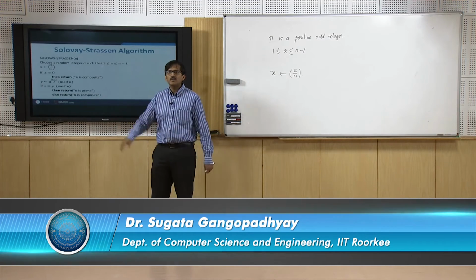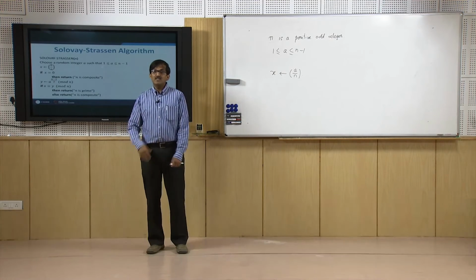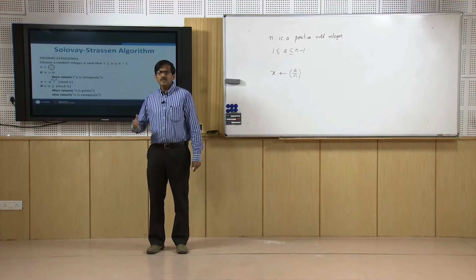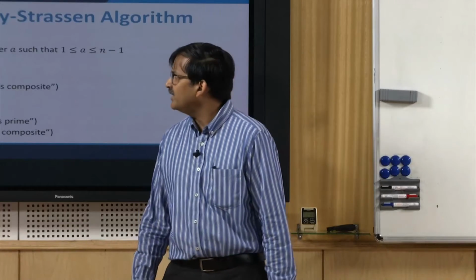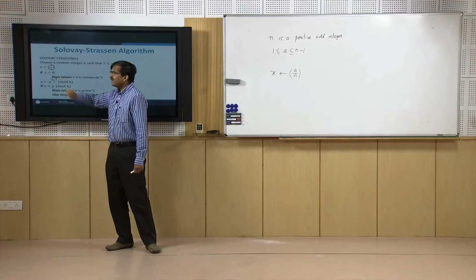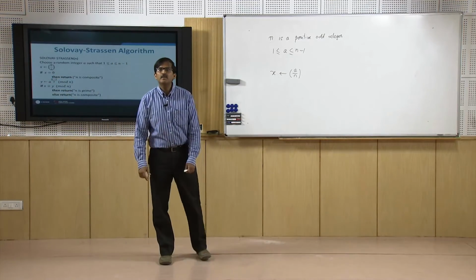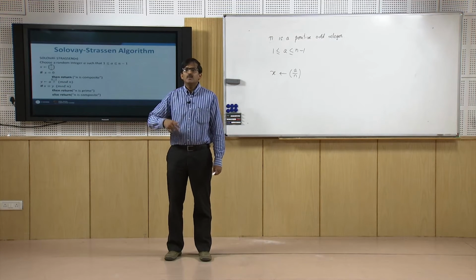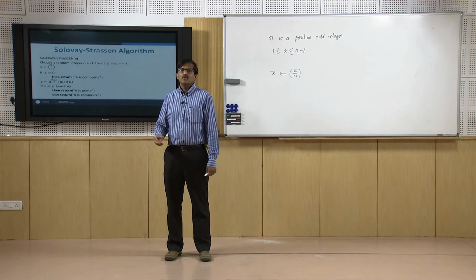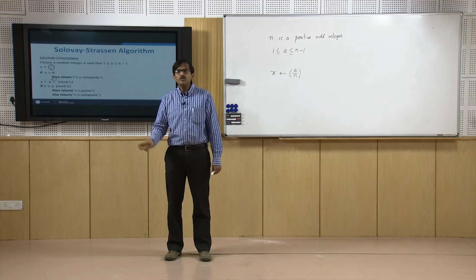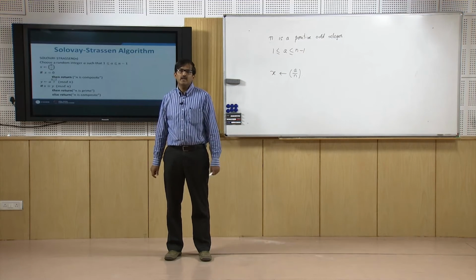So, we stop the algorithm, we know that it is composite, but suppose it does not happen. If it does not happen, then basically what we are doing is that we are taking n as if n is a prime number, and we are taking n minus 1 by 2, calculating that and raising a to the power that quantity.